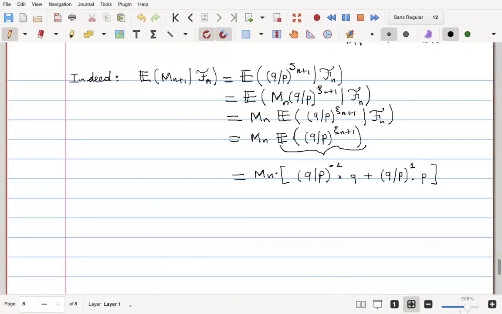So if we rearrange this, we can see that the reciprocal of q by p will be p by q.